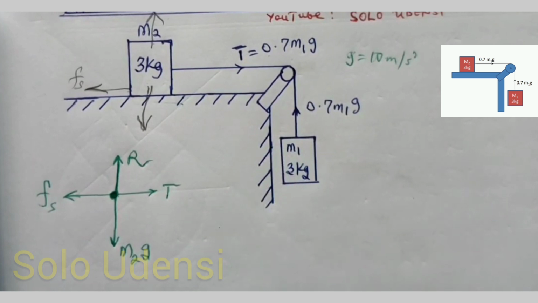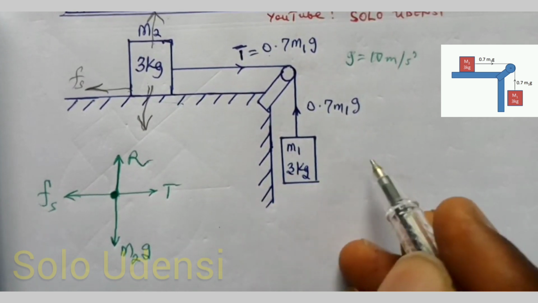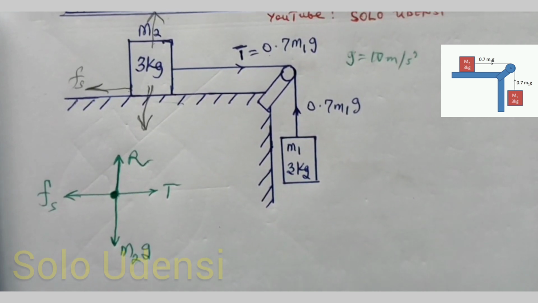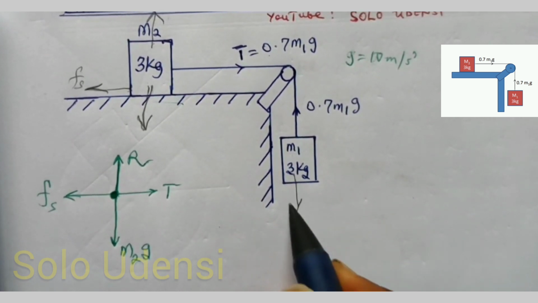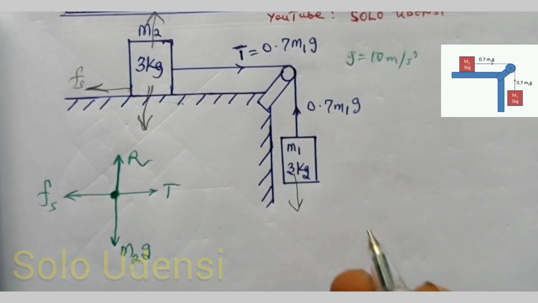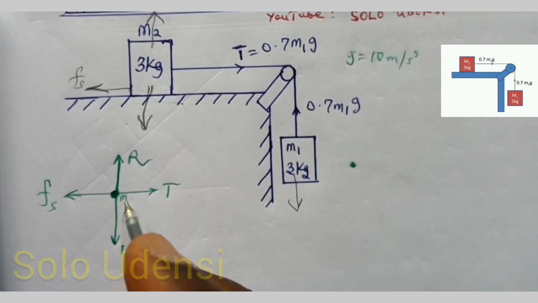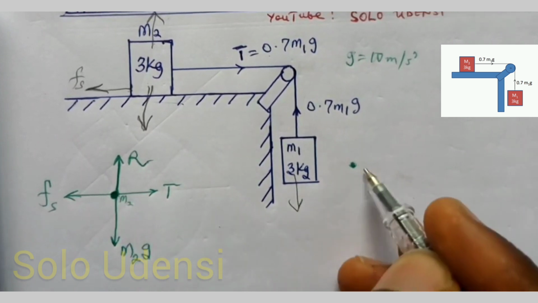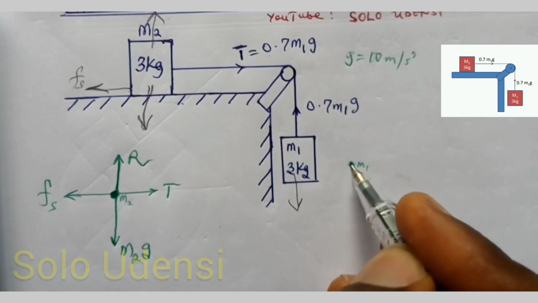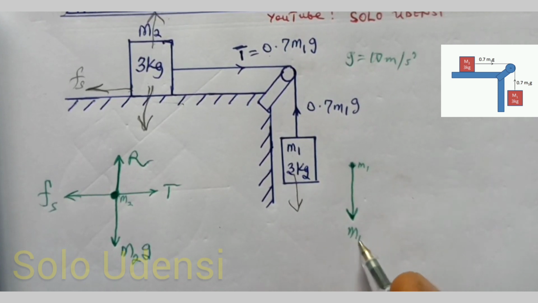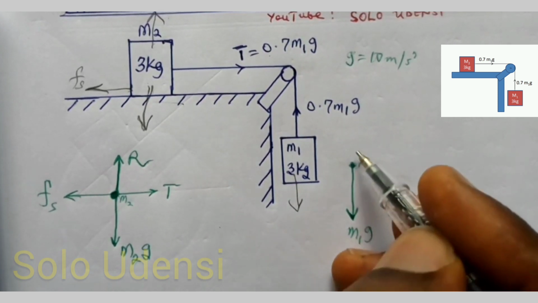For this one, the free body diagram, there's no motion sideways, so there is one force acting downward and one acting upward. Remember here is M2, this is M1. So a downward force, which is the weight, M1 g, and the tension.